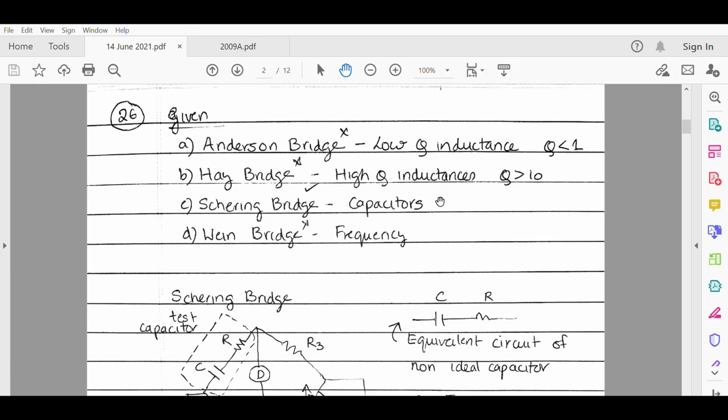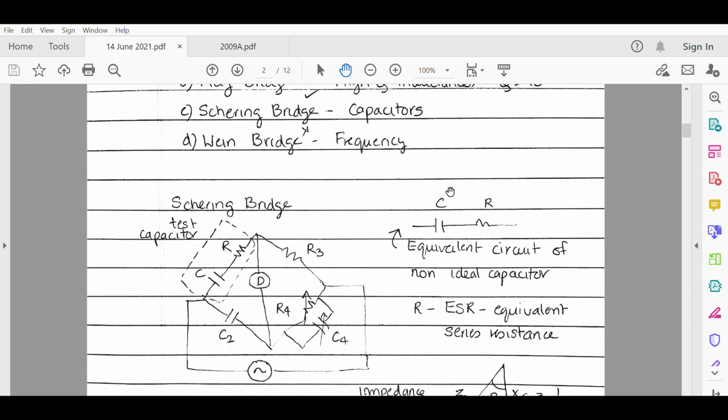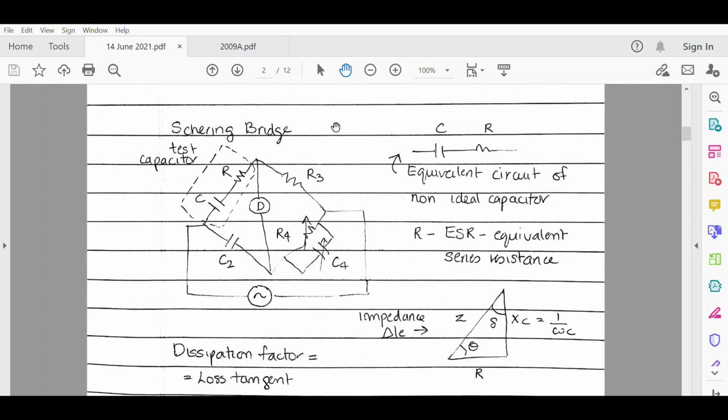Let us now see some salient features of Schering bridge and also some of the features of the capacitor equivalent circuit. Now over here I have drawn a Schering bridge, and over here is the test capacitor, the capacitor whose parameters have to be measured, and we have the detector.